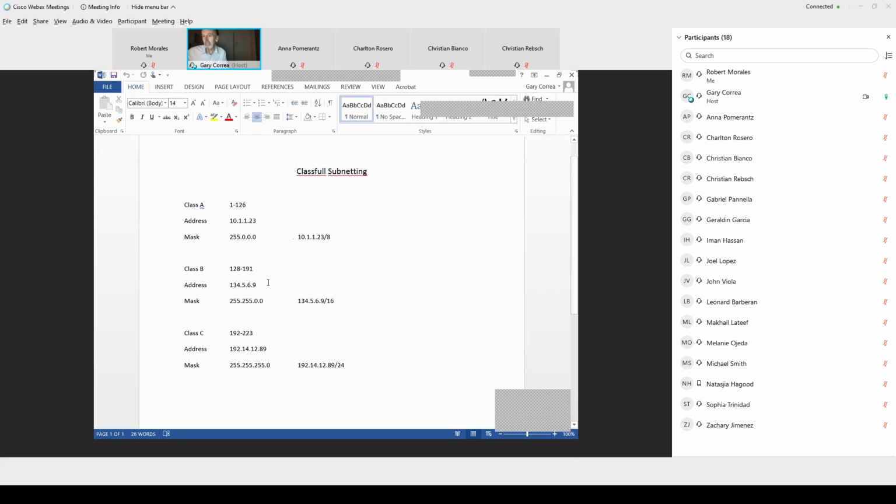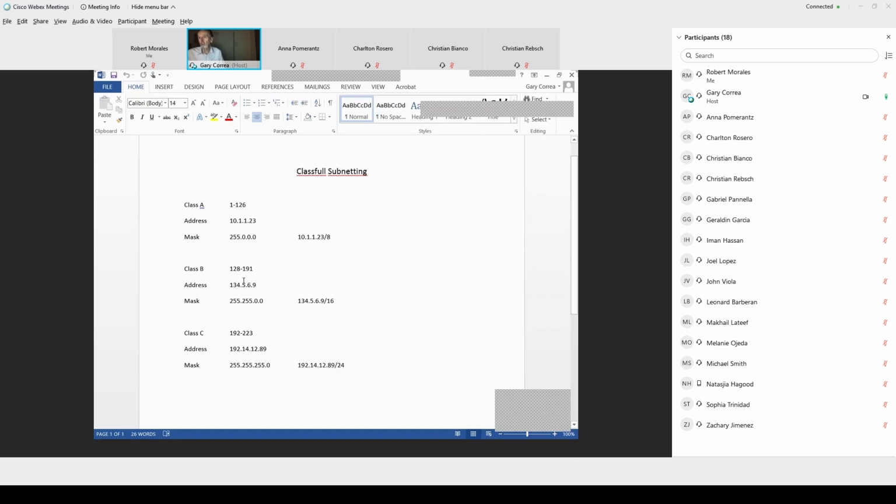Now, the class B address, it's 134.5.6.9, but all I care about is the first two bytes here. How do I know that? Because I've got two 255s. This one is /16. What does /16 mean? 8 ones here and 8 ones here. So /16 is two 255s.